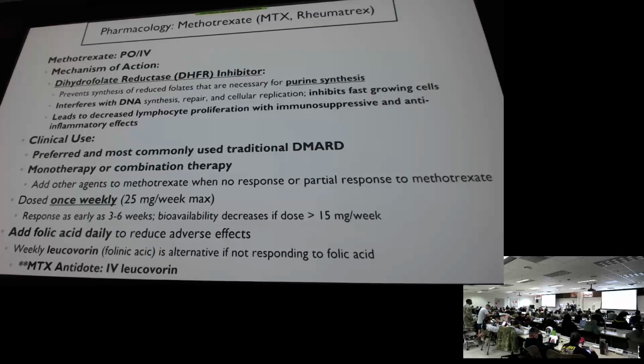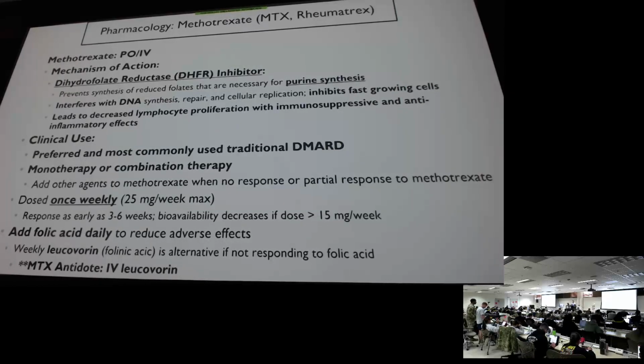So that makes it interfere with DNA synthesis and cellular replication. Basically it inhibits fast-growing cells, which is happening in that autoimmune response in the joint, in the synovium, and at the cartilage. So ultimately that leads to decreased lymphocyte proliferation and immunosuppression with its anti-inflammatory effects.